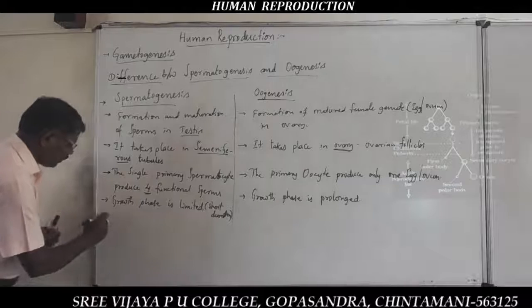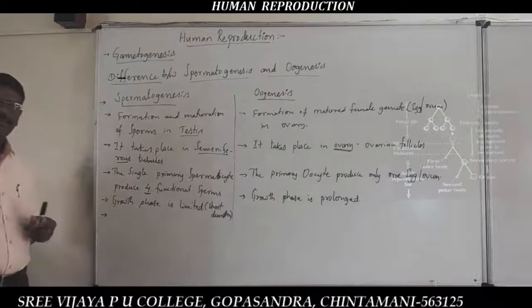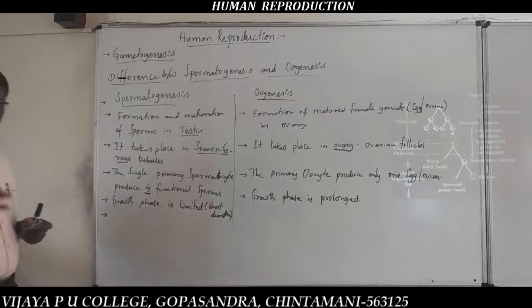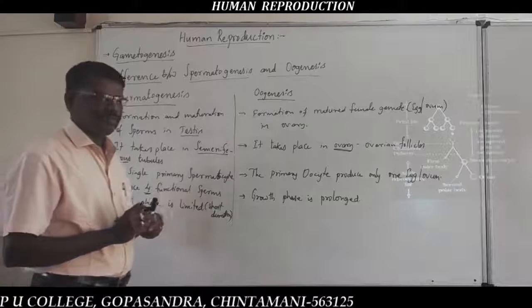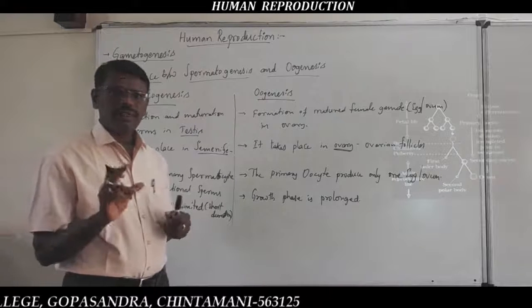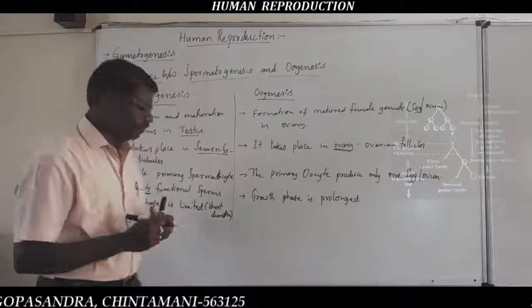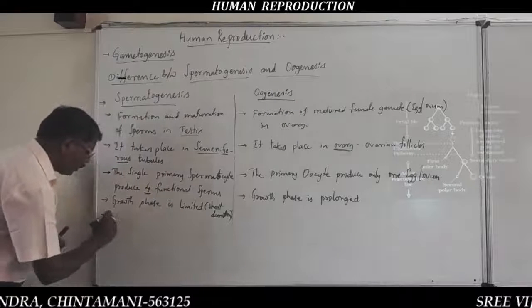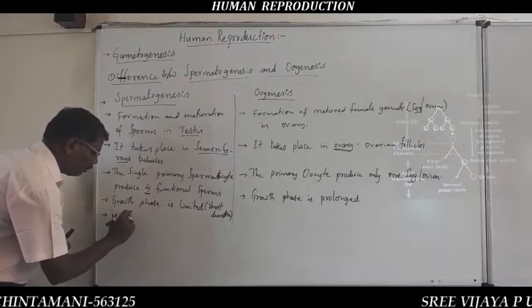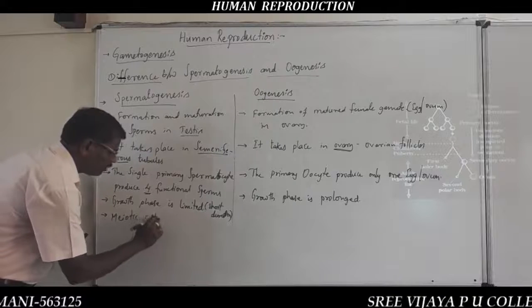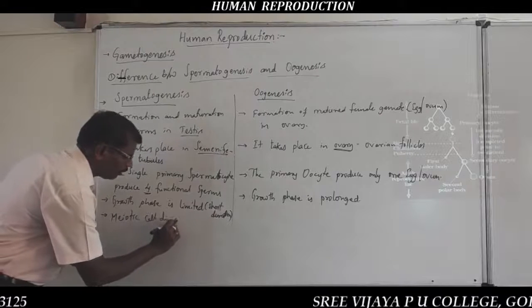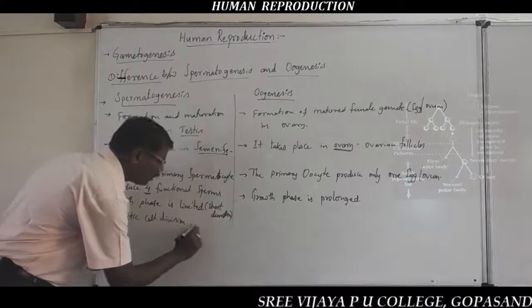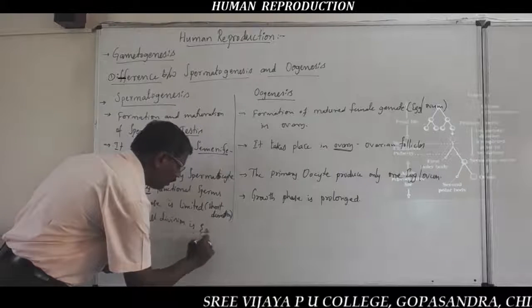In spermatogenesis, at the time of cell division, meiotic cell division is equal.